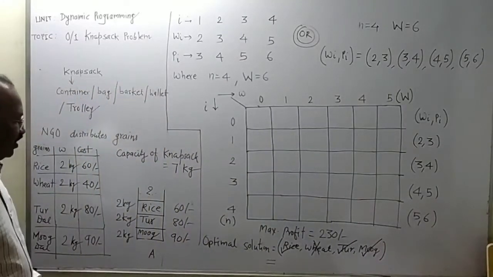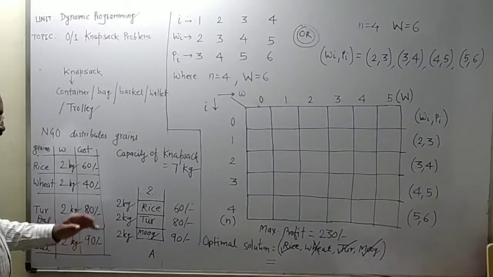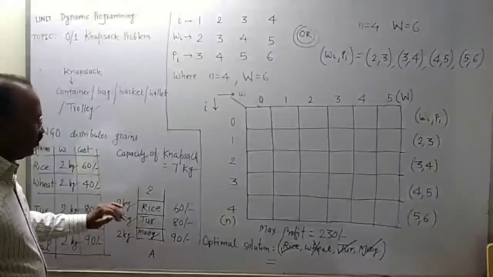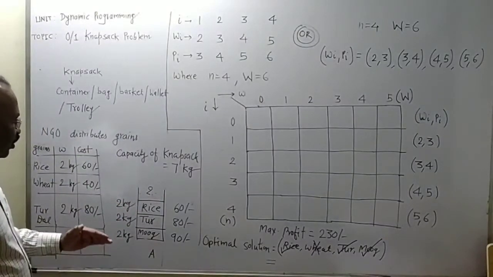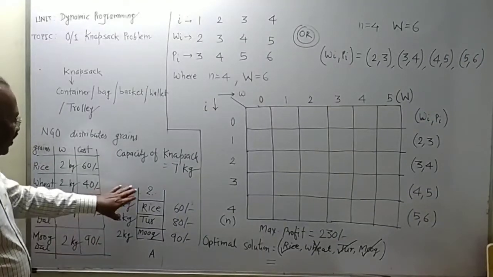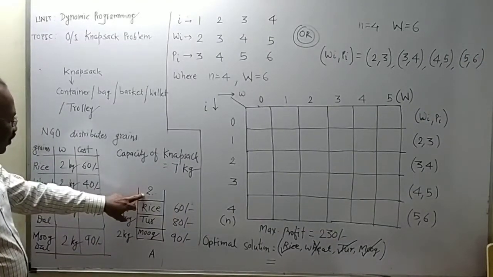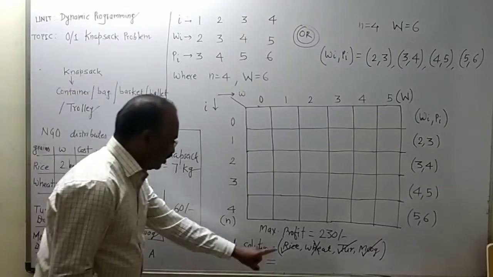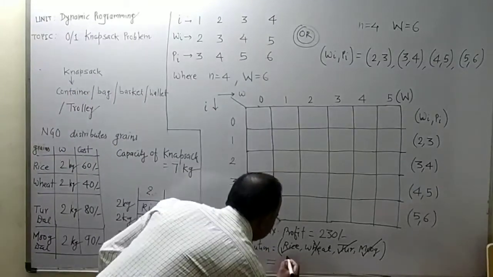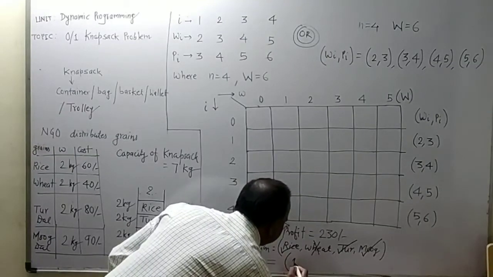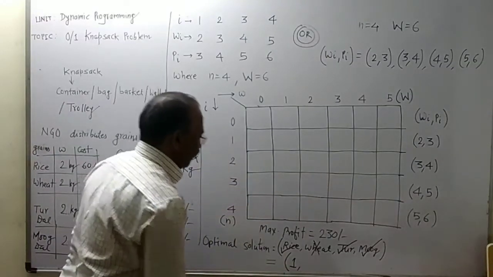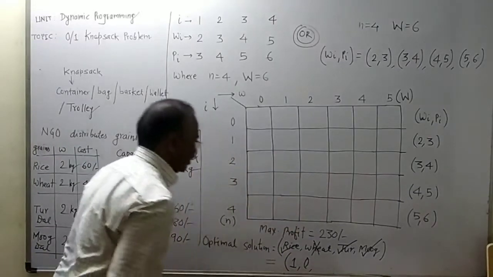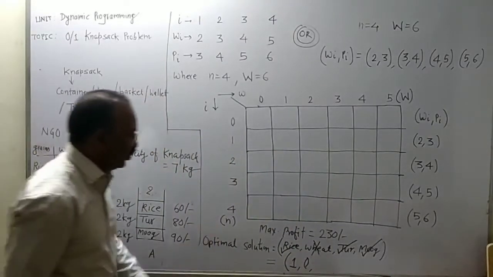It means that the grains which are collected are indicated using 1, and grains which are not collected because of non-availability of the remaining capacity are indicated using 0. So here the rice is collected, indicated by 1, wheat is not collected, indicated by 0.